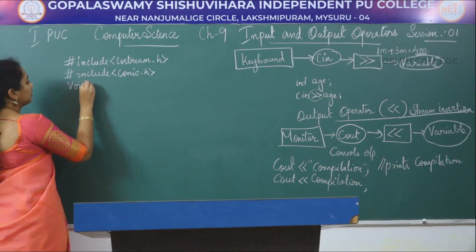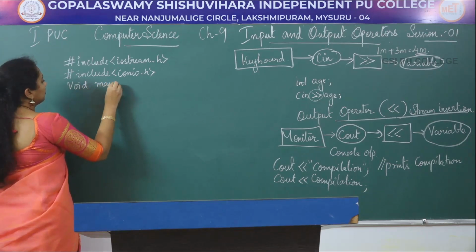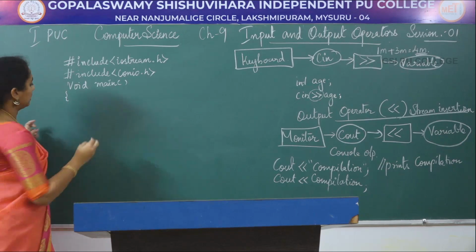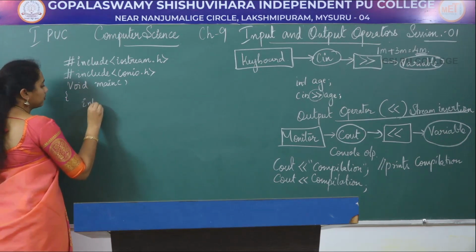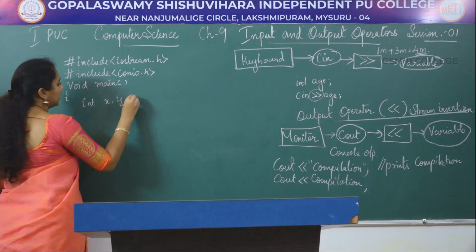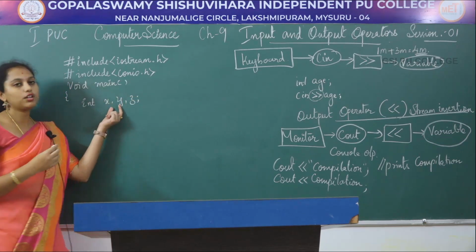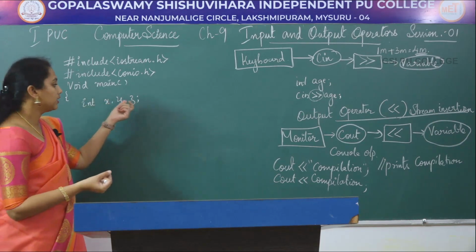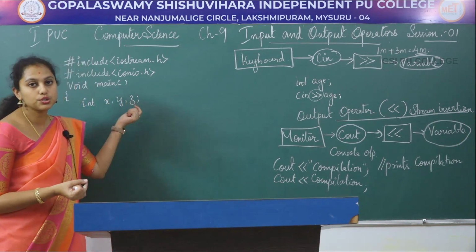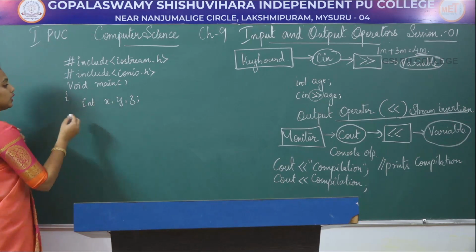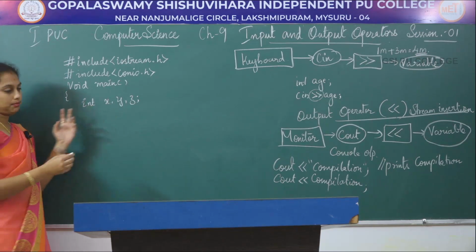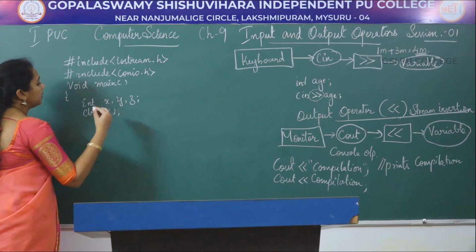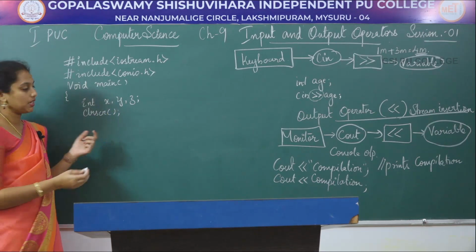void main. In the main function, I am going to declare the required variables int x, y, z. Here we want two variables to add the sum of two numbers, and the third variable is used to store the result. The clear screen function clears the previously generated output on the display screen.